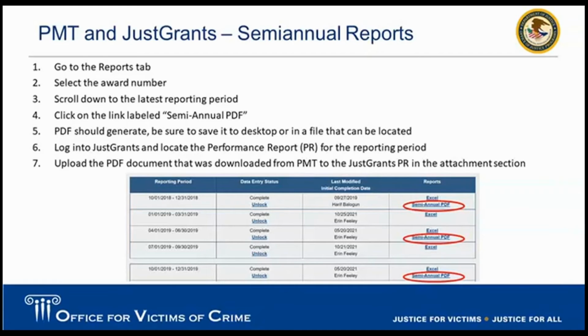And then you will log into JustGrants and locate the performance report, which is PR, and it has a number attached to it in the reporting for that reporting period. And then you'll upload the PDF that you downloaded from PMT to that performance report in the attachment section, and Lisa will be able to show you what that looks like.